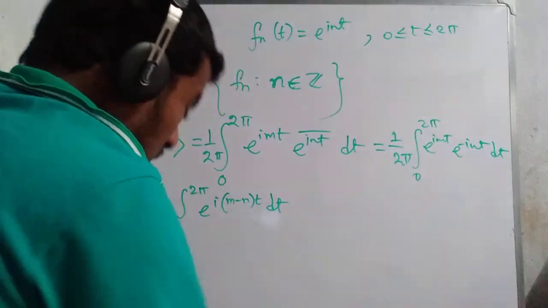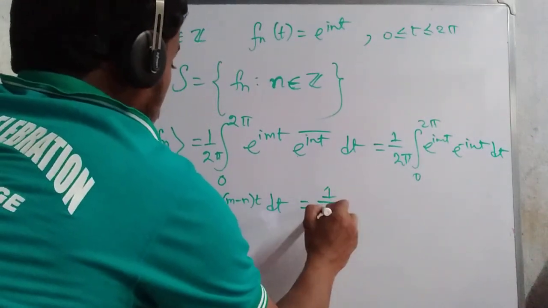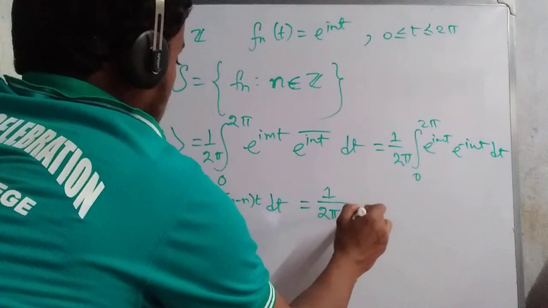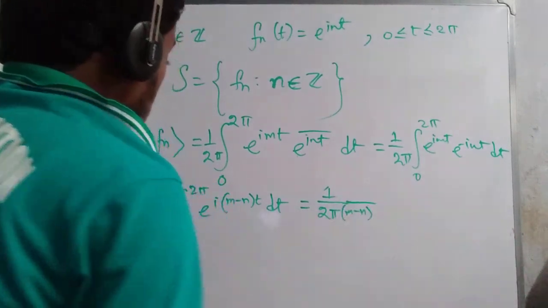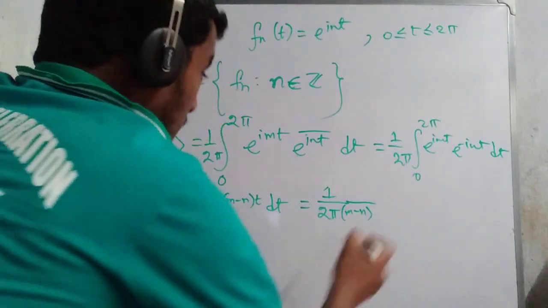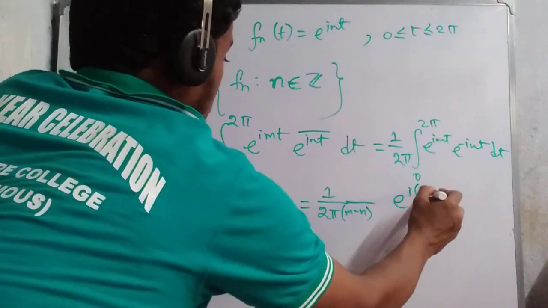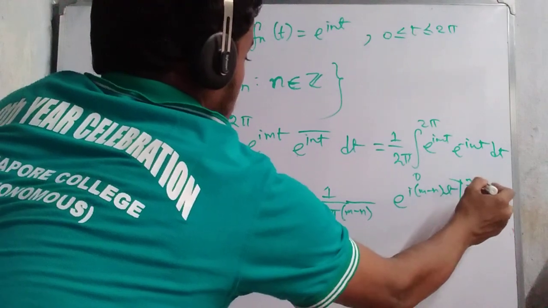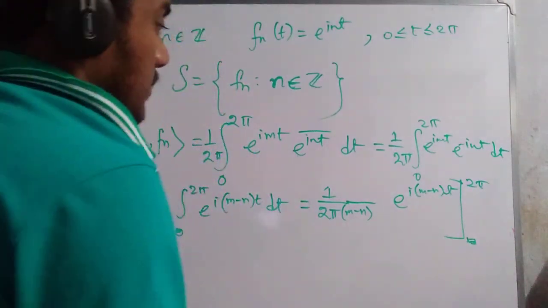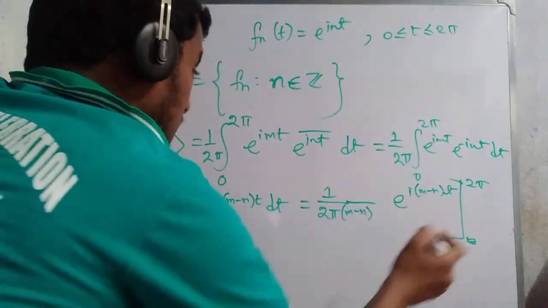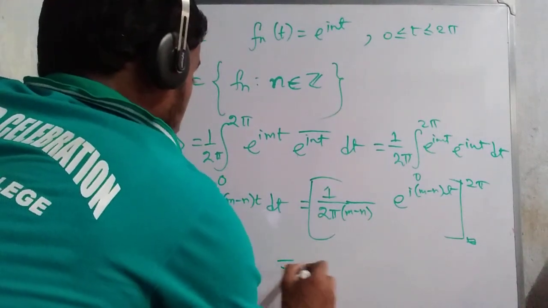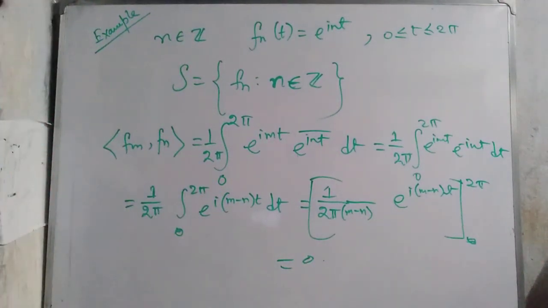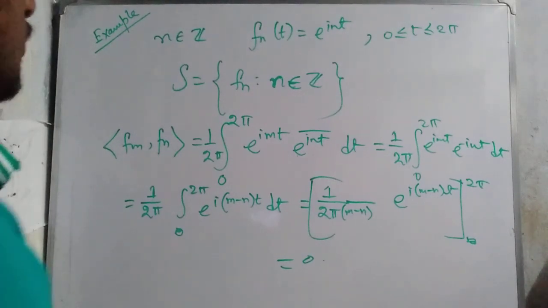Evaluating e to the power i (m minus n) t from 0 to 2 pi, this equals 0. Not a problem at all, this equals 0.